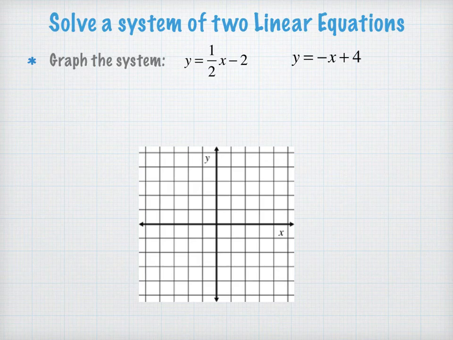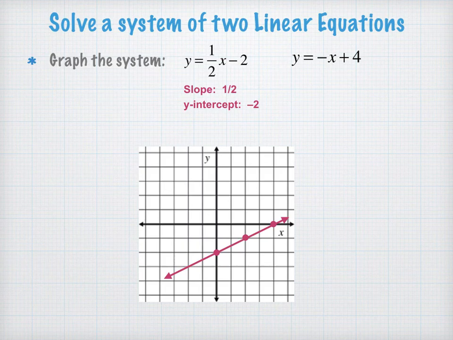In this example, we're asked to solve a system of two linear equations, and we have both lines in slope-intercept form, so it would be a good idea to graph the two lines and see where they intersect. In the first line, the slope is 1/2, and the y-intercept is -2. So we'll start with our y-intercept, then we'll go up 1 and to the right 2, and we'll graph that line.